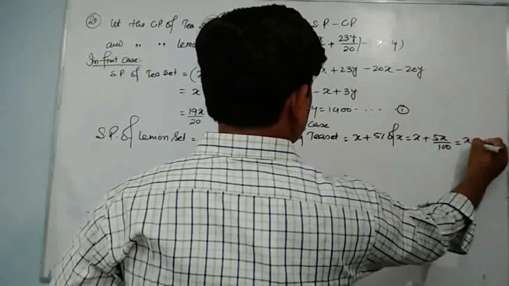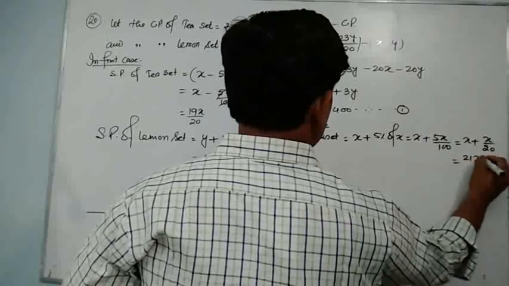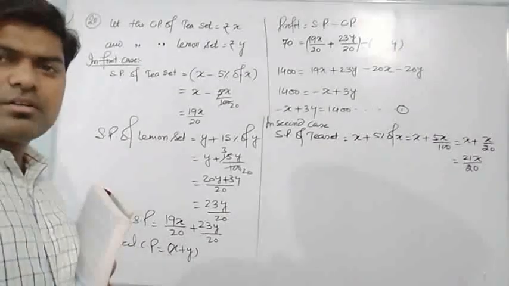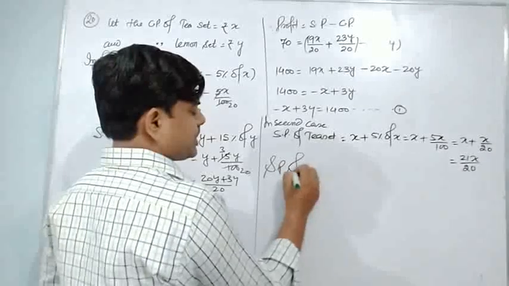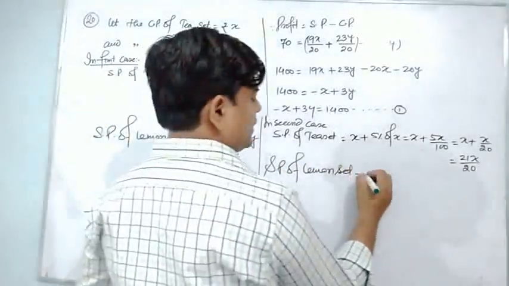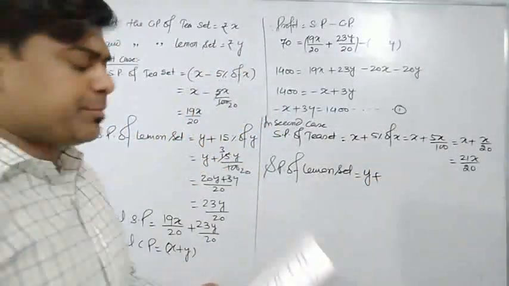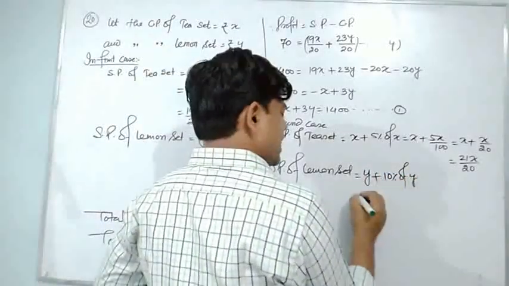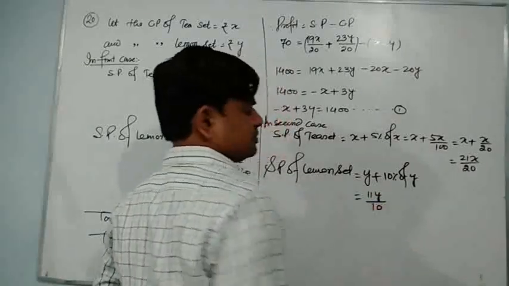It will be X plus X upon 20. When we simplify, 21X upon 20 I can write. And the second thing, when I write SP of lemon set, what can I write? Y plus, now I am getting 10% gain, so 10% of Y. When I simplify, I will get 11Y upon 10.